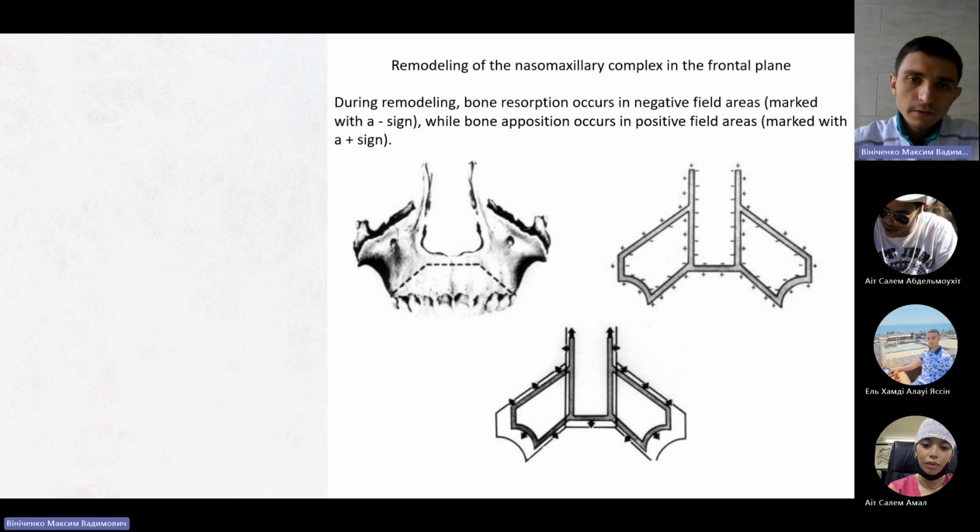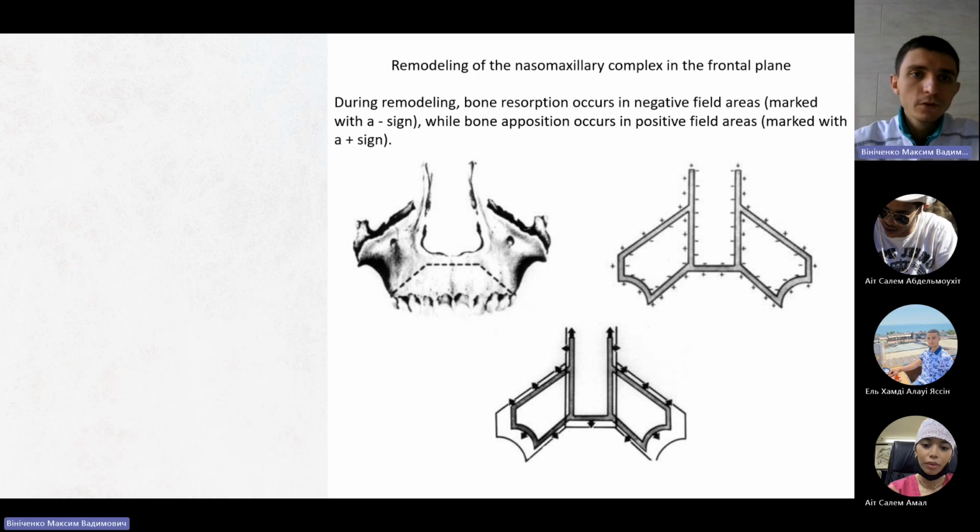Here are the negative spaces. And there are also the positive spaces. On this side, this side, this side, this side, there are the positive spaces. And we remember that in the areas of the positive spaces, there are the processes of the apposition of the bone.